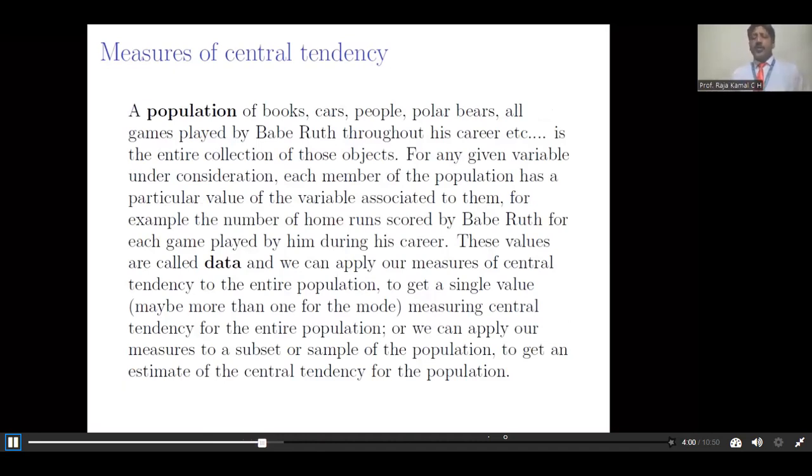Data comes in two ways: one is the total data, another is data taken from the total. Suppose I want to find out how many people are eating Bingo.